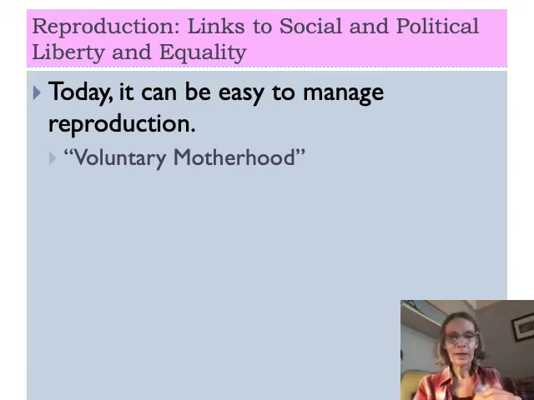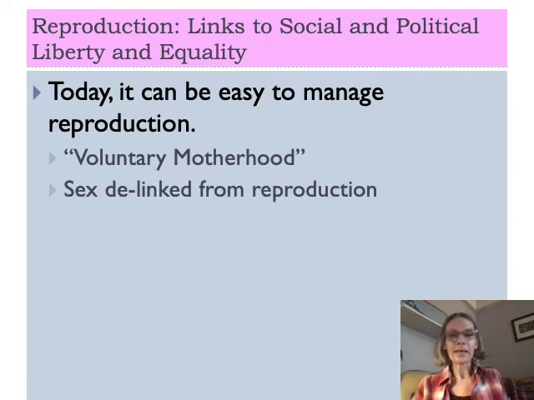That's what was known back in the early part of the 20th century as voluntary motherhood or free motherhood. It's the idea that you choose to get pregnant. And also, because of reliable forms of contraceptives, not only do you choose parenthood, but you can have sex without concern about getting pregnant.